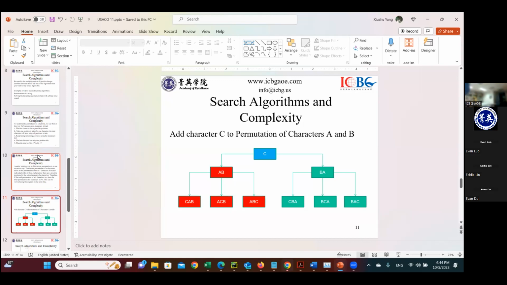You have three positions. That is why you see the growth. Here is one, here is two, and then you get 1 times 2 times 3. So the permutation of the characters, the possibility is 1 times 2 times 3. So if you have 4 characters, it times 4.